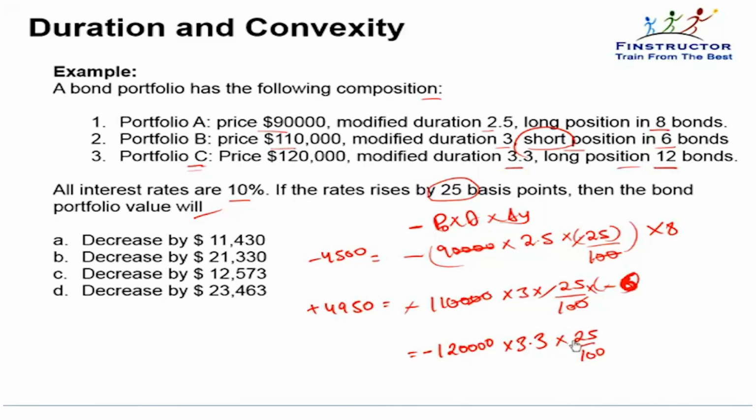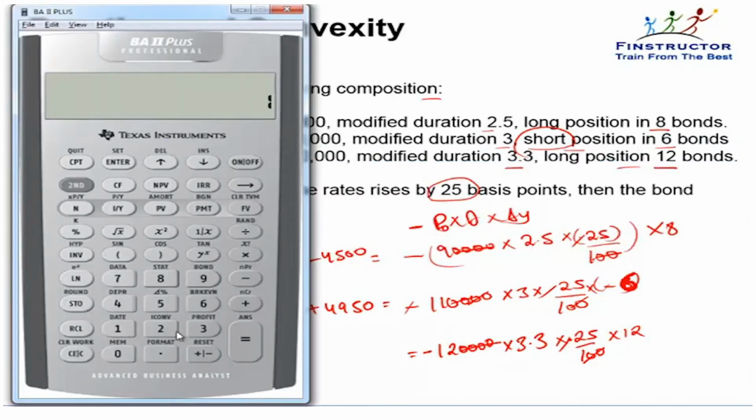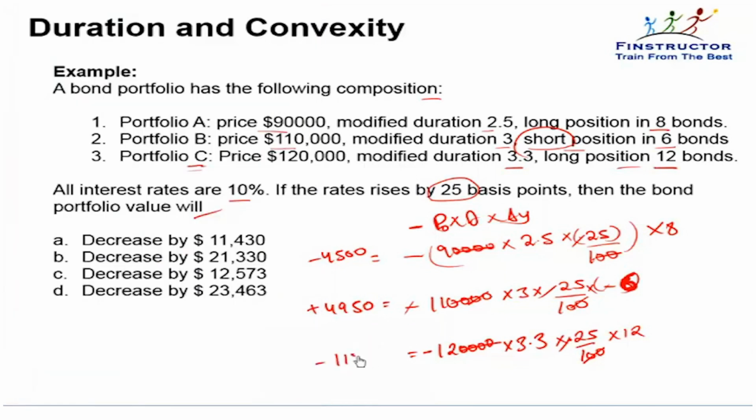So 0.25 divided by 100 multiplied by 12. So again, we'll calculate this as 12 multiplied by 3.3 multiplied by 25 multiplied by 12, that is $11,880. And that will be the fall in price.